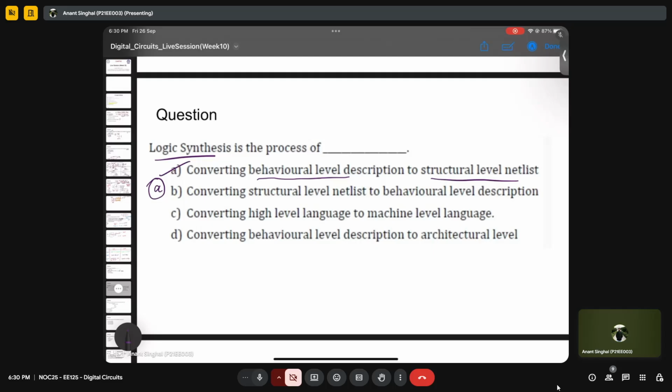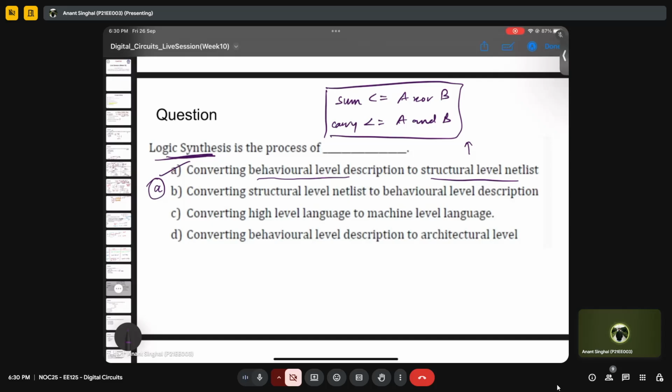If I try to explain it in very easy language, what we are doing is writing sum is nothing but A XOR B, and then writing carry as A AND B. This is how the program understands it, using logic synthesis.